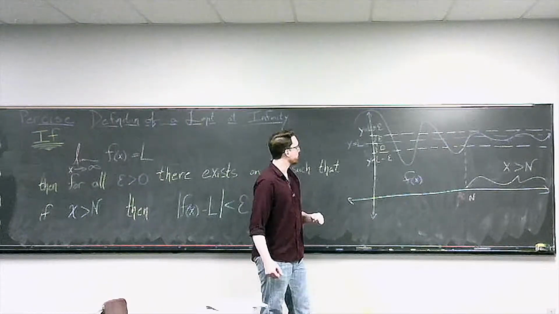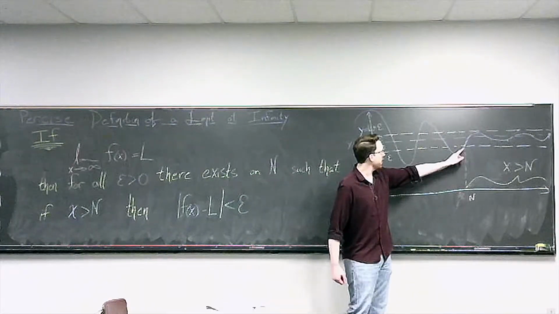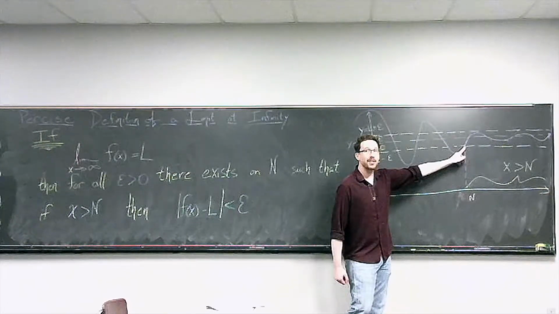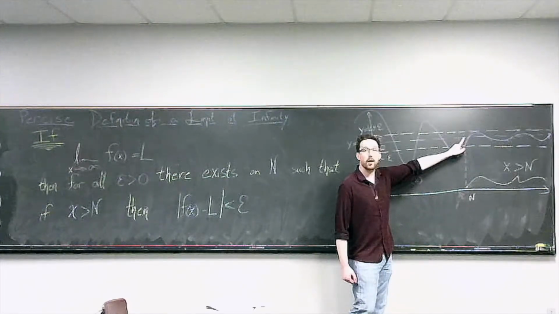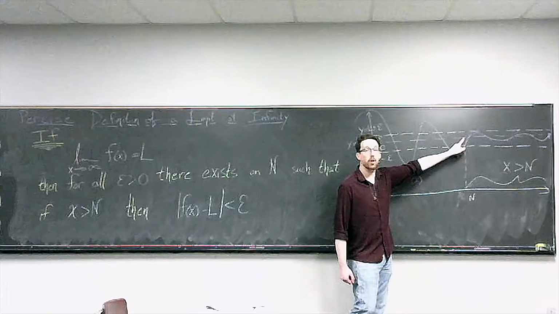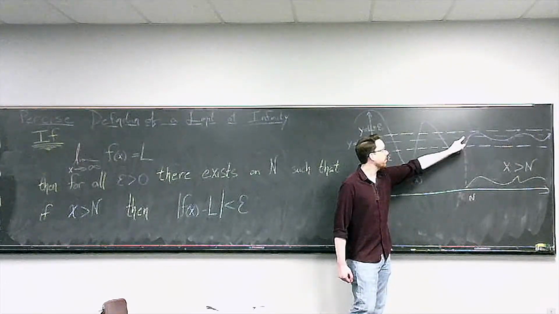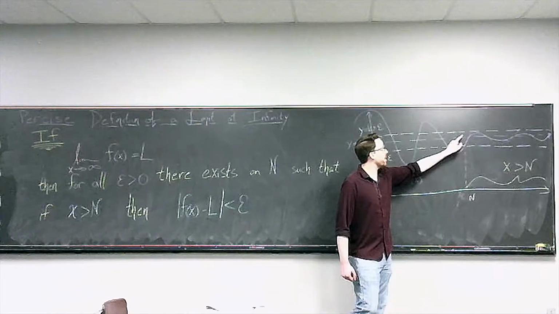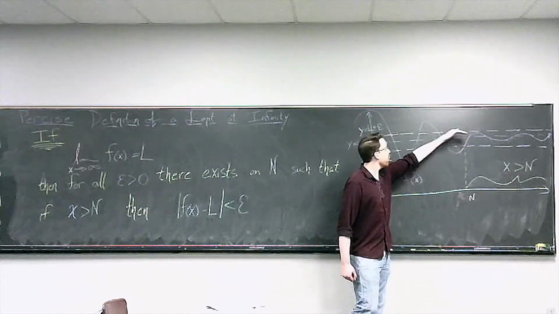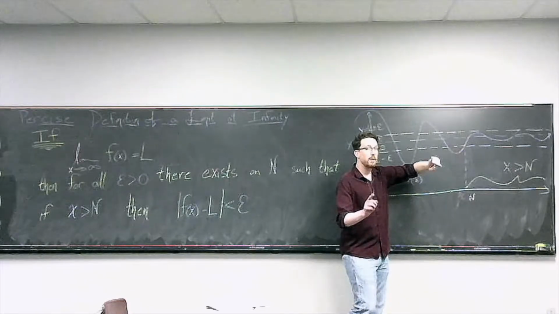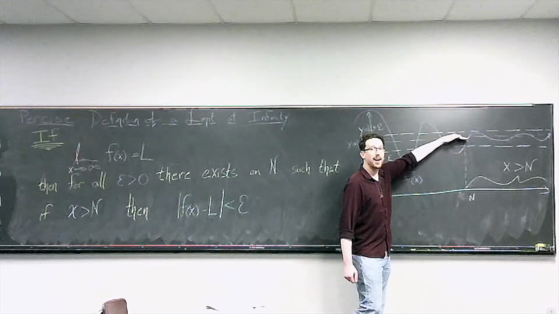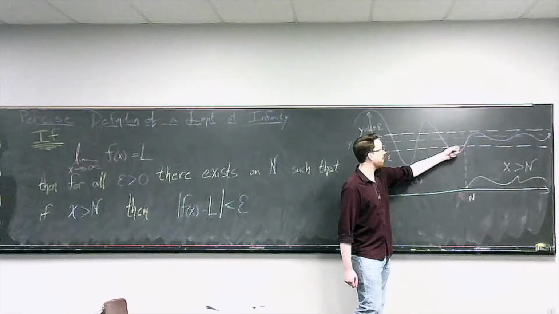Picking this n, the distance between f of x at this n value and L, we call this epsilon. Then we go epsilon above L. We claim that this function is going to be bounded between L plus epsilon and L minus epsilon.